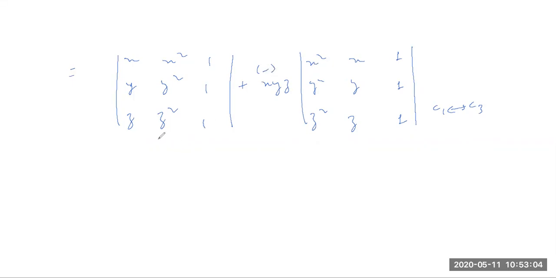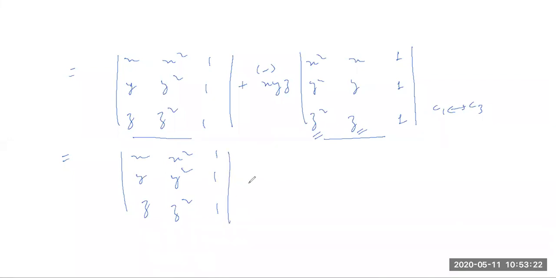Now still, see, this determinant and this determinant both can be made equal. How? By interchanging c1 and c2. So in the next steps, it will be x y z, x square, y square, z square, and 1, 1 and 1.